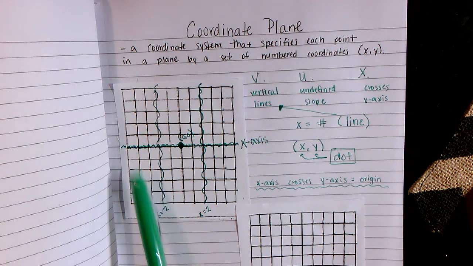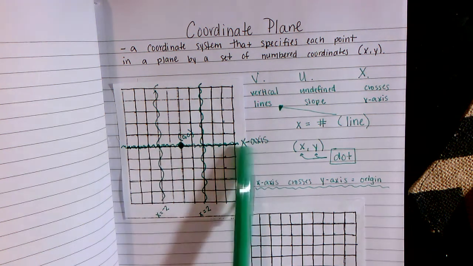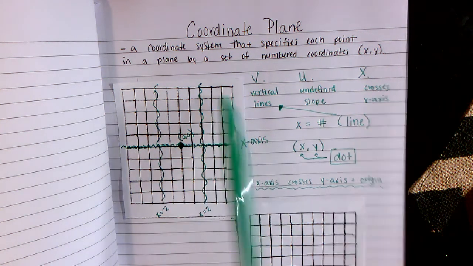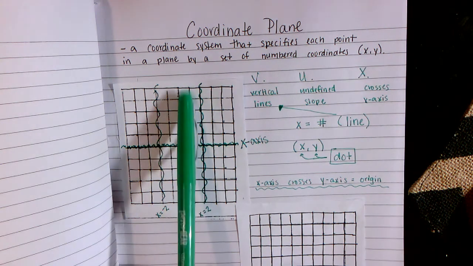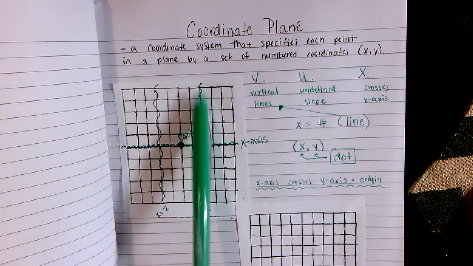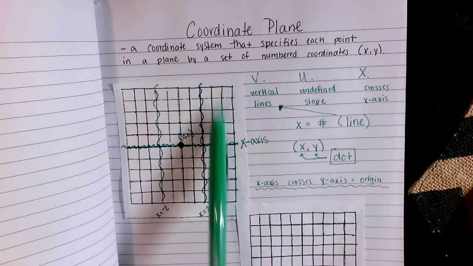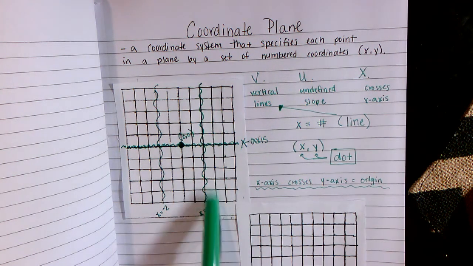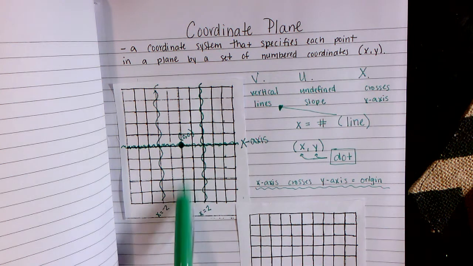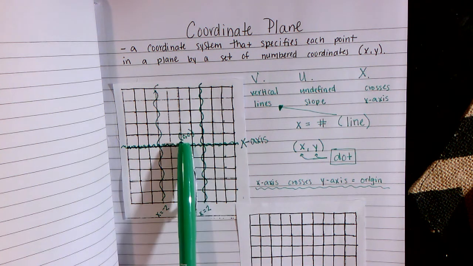So we can see the x-axis right here, and we can see numbers on this x-axis. We can see x is 1, x is 2, x is 3. So these are values on this x-axis represented as vertical lines that go through the x-axis. Well, where does this x-axis cross the y-axis? Right here in the middle.